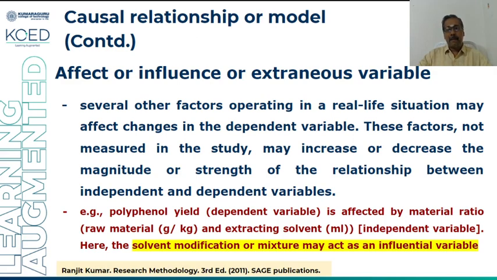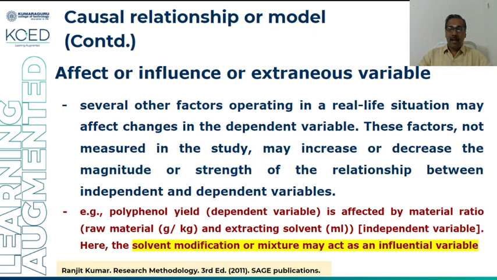Instead of using 99.5% anhydrous ethanol, if I would have modified ethanol with water, what happens? Say 60% ethanol, 60 ml ethanol and 40 ml water, that is 60%. I have modified the ethanol by using water.